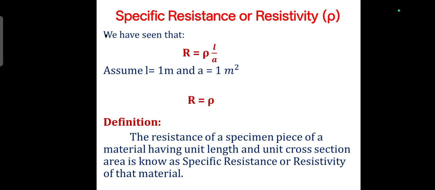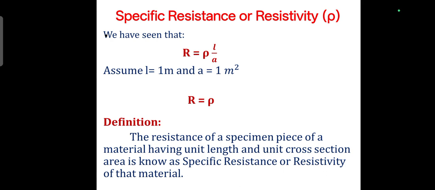So what is the definition of specific resistance or resistivity? The resistance of a specimen piece of material having unit length and unit cross section area is known as the specific resistance or resistivity of that material.